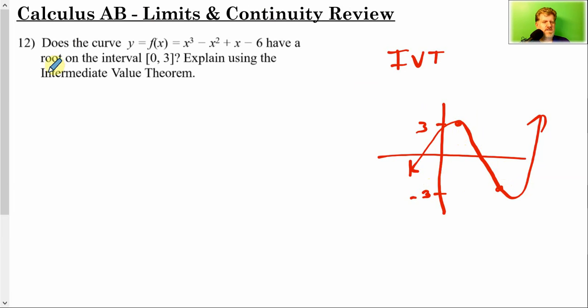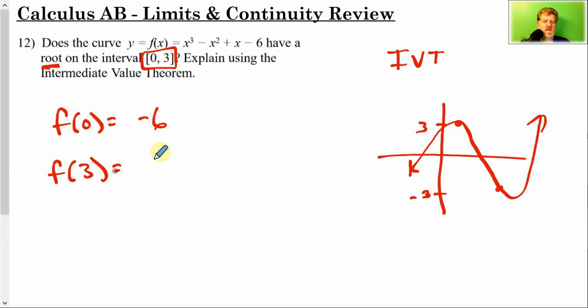Now this one's asking us specifically about a root on this interval. So all you have to do is test the endpoints. If I plug in 0, I get negative 6. If I plug in 3, I get, what, 27? Plug in 3 minus 9 plus 3 minus 6, which would give me 15, I think?